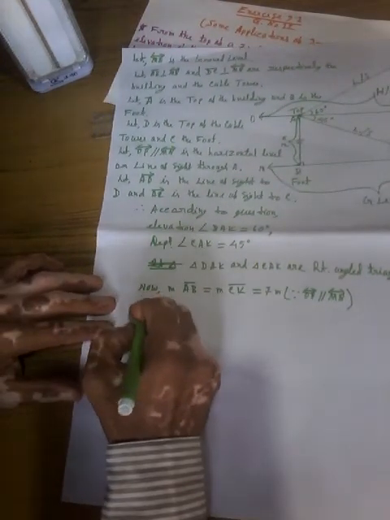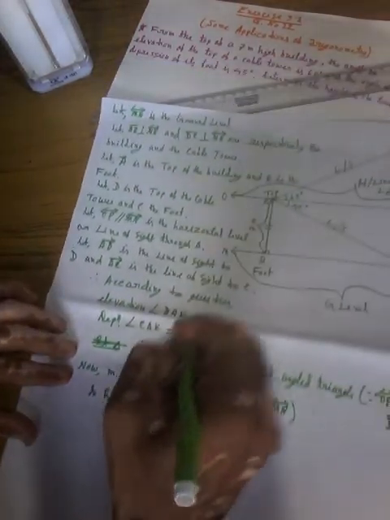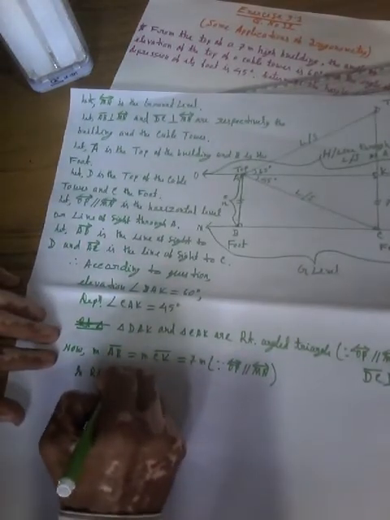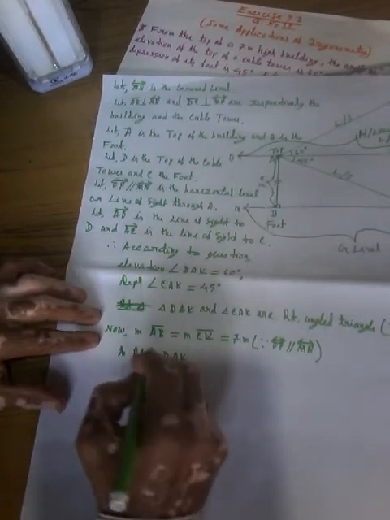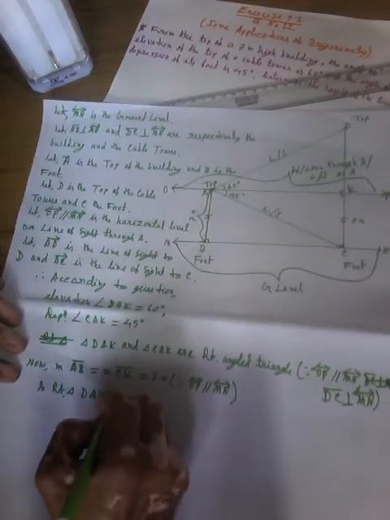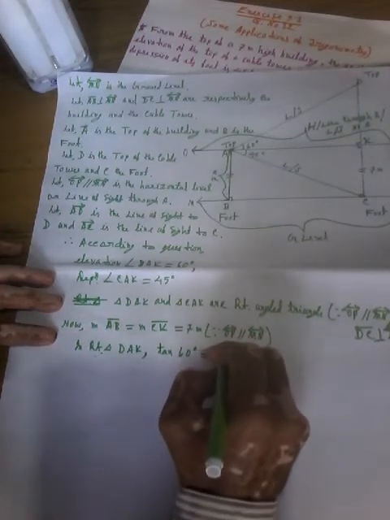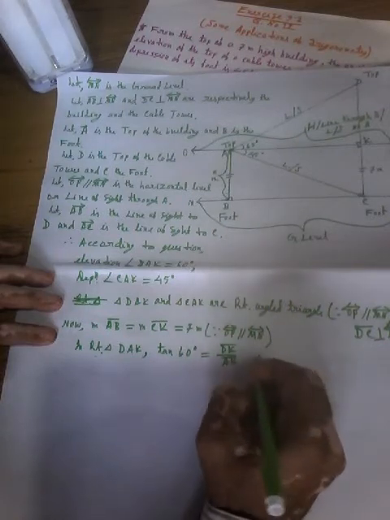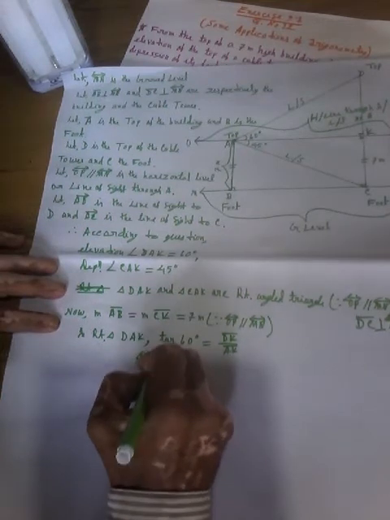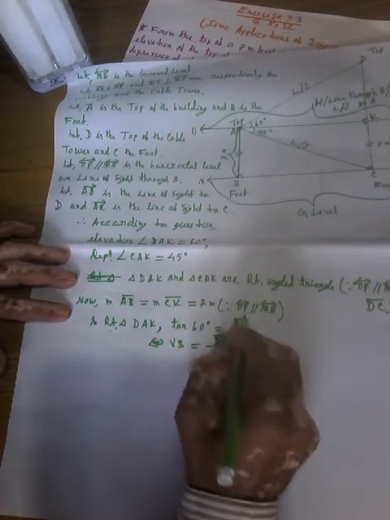Now write in right triangle DAK. In that triangle DAK we need the measure of DK and AK, so we will go for tan theta, P by B. Tan 60 degrees is equal to DK by AK, which again implies tan 60 degrees equal to √3 is equal to DK by AK.